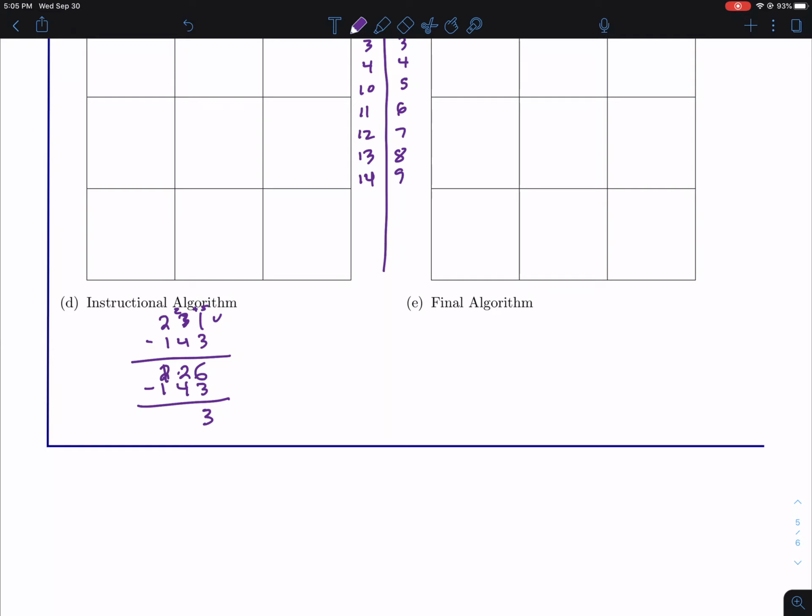Again, I want to take one of these from the 25's position and then add a 5 to the 5's position. So instead of bringing the 2 down, I'm going to bring 5 plus 2, which is 7. And then 1 minus 1, well, that's just going to be 1 in this case. And now let me bring down just the 1 and the 4, because I've already dealt with this 3, it's gone.